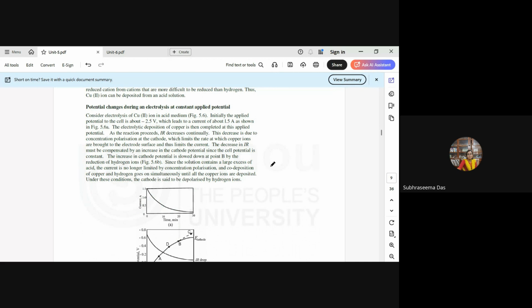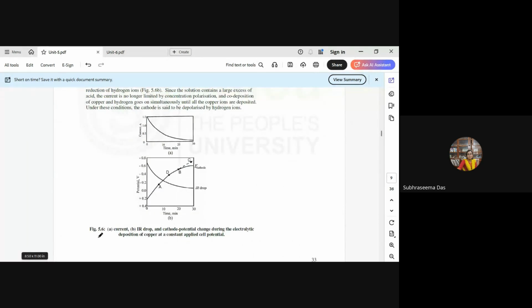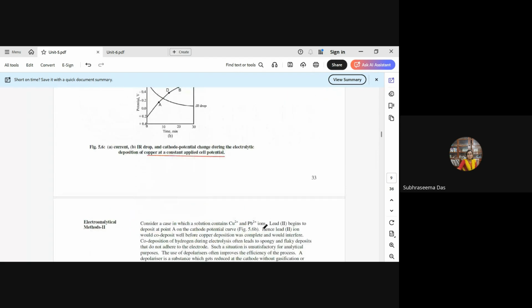Now, potential changes during an electrolysis at constant applied potential. Here in figure 5.6a, it is the current, IR drop and cathode potential change during the electrolytic deposition of copper at a constant applied cell potential.